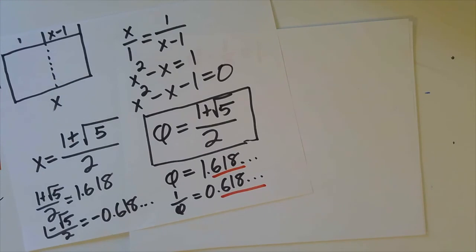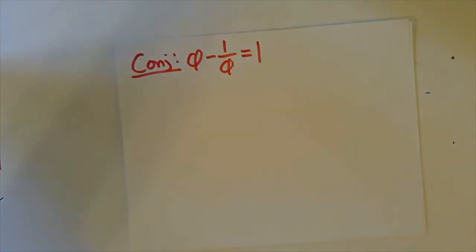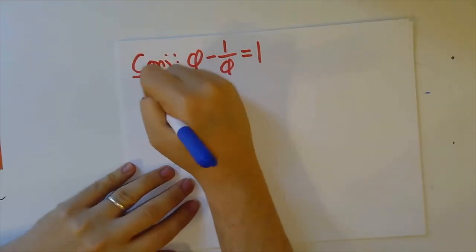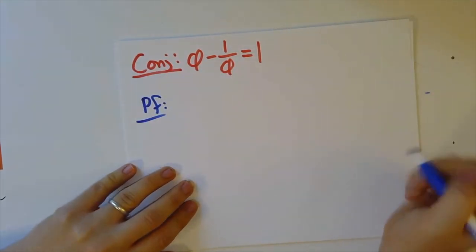Okay. That would be my claim here. Now, in fact, I can prove this conjecture for you. I can prove that this is not a coincidence. In fact, that's really a true fact about phi.